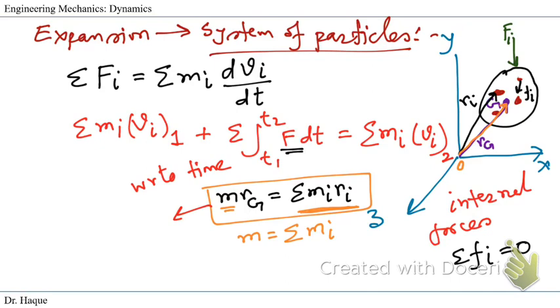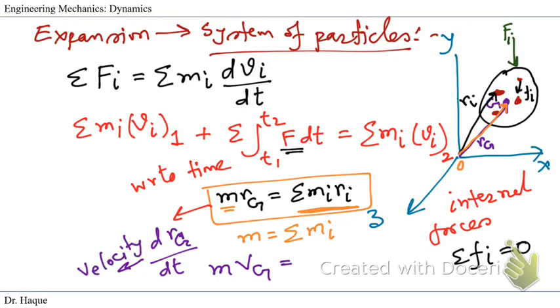we will get m v_G, because m is constant. If we take the derivative of r_G over dt, it becomes velocity, because r is a position displacement, and the derivative taken with respect to time gives you velocity.